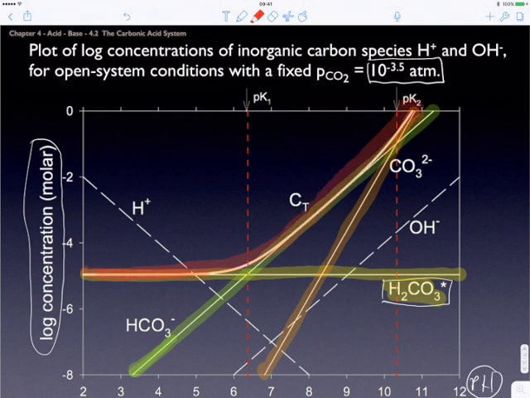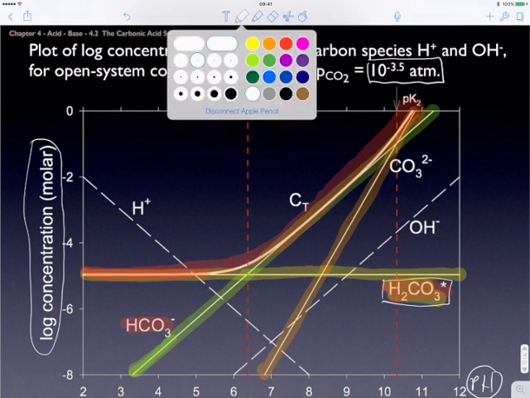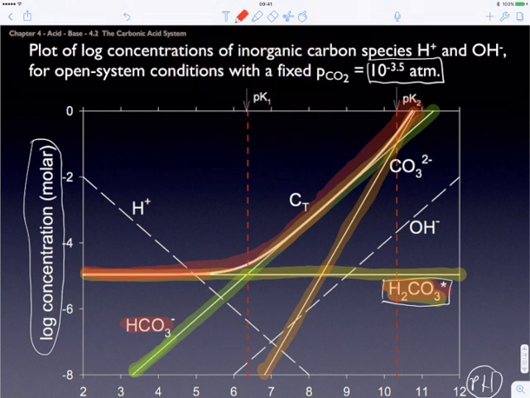Here, it is stable at lower pH, because most of the DIC is in the form of carbonic acid. Then when you're reaching the pKa, the pKa1 at 6.30, at this point you start to have the bicarbonate and the carbonic acid in the same amount.